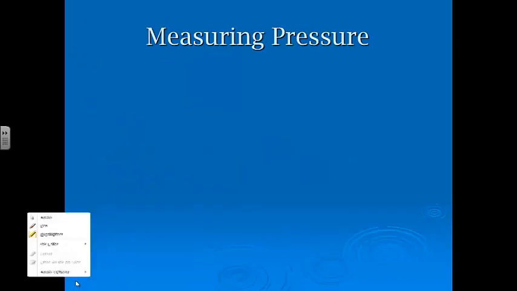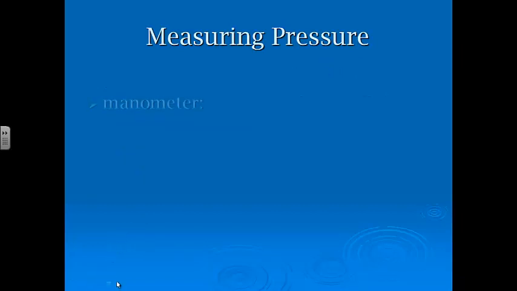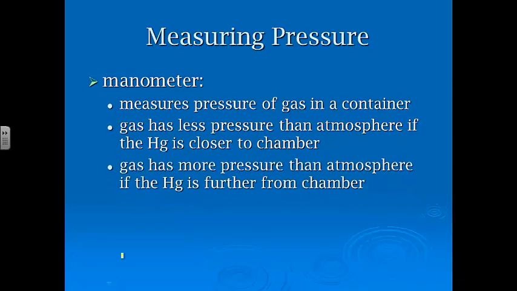Again, atmospheric pressure results from the mass of the air being pulled toward the earth by gravity. It varies with altitude and weather conditions, but we're going to refer to atmospheric pressure a lot in this unit. A manometer, I'm not going to ask you about a manometer. I'm going to tell you about it anyway, just in case you have to hear it, but it measures the pressure of a gas in a container, so that's what's different. If the gas has less pressure than the atmosphere, the mercury is closer to the chamber.